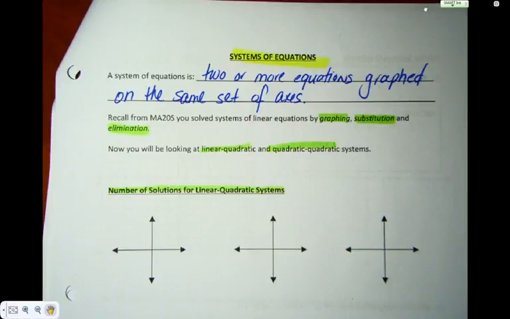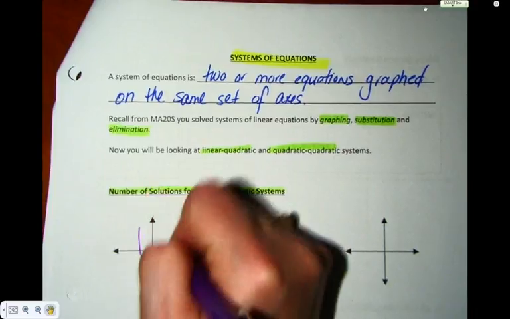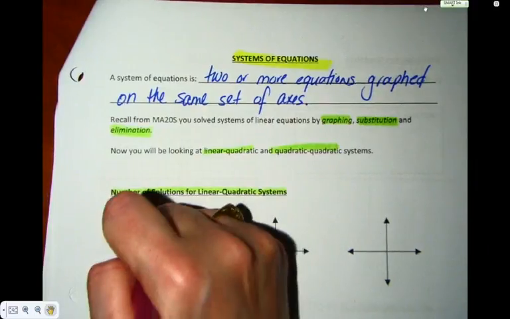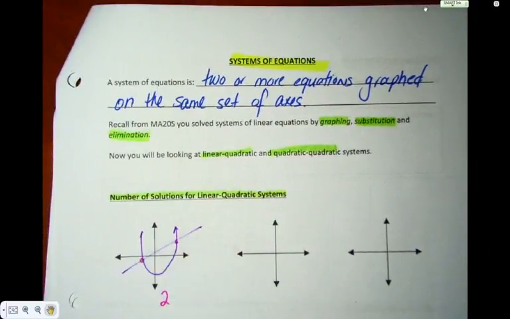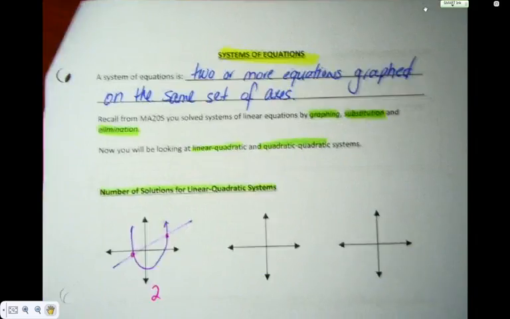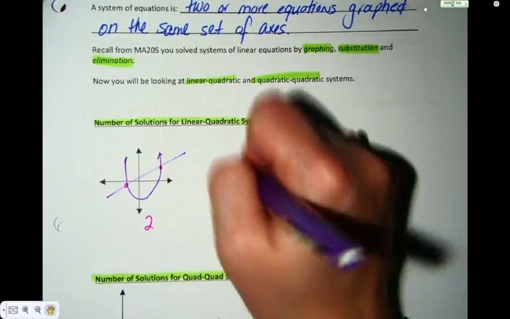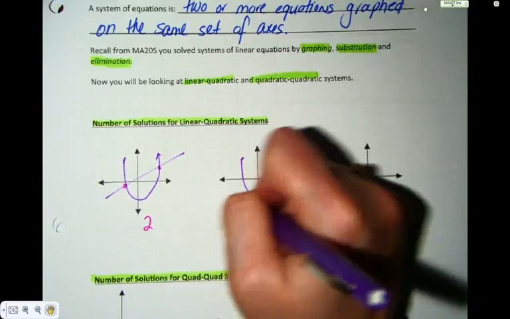Not a big deal. Number of solutions for a linear quadratic. Parabola, line. How many solutions? 2. So that's one possibility. Parabola, line.